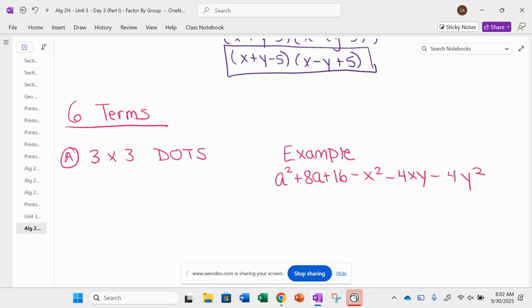We have 6 terms. So when we have 6 terms, one option for factoring is a 3 by 3 dots, meaning I group 3 terms together and then I group a different 3 terms together.